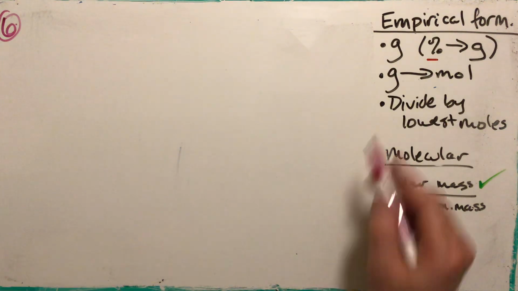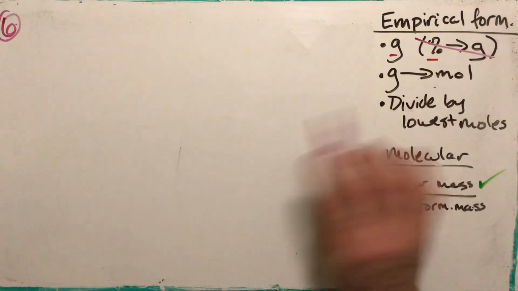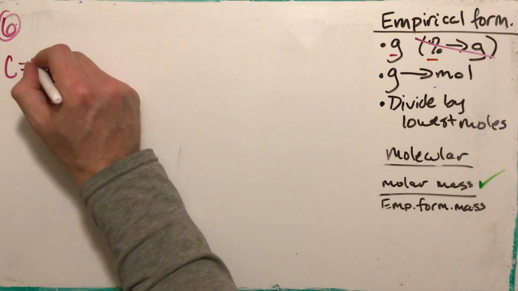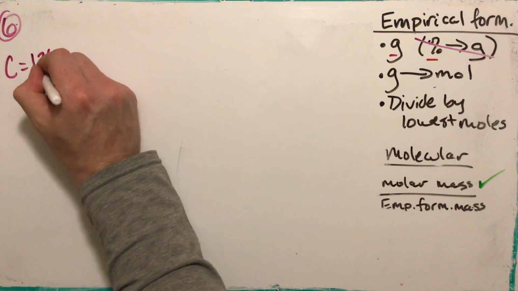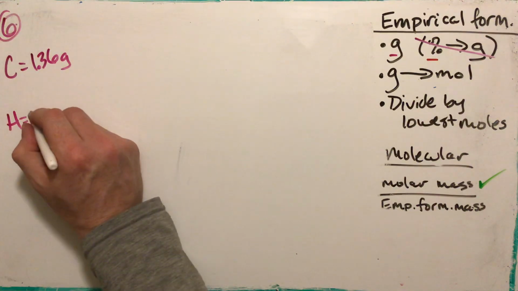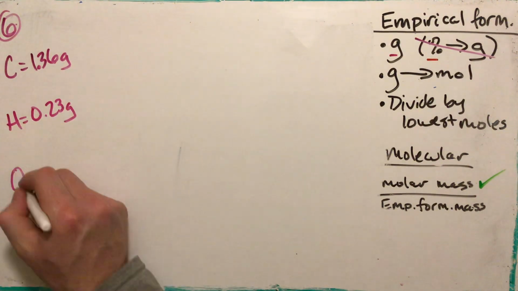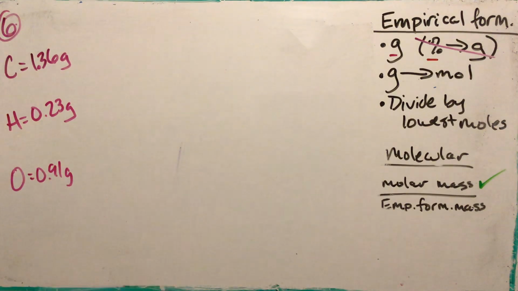It gives me the masses right off the bat. So I've got the mass. So for number 6, there's 3 elements. 1.36 grams of carbon. Hydrogen is only 0.23 grams. And oxygen is 0.91 grams.